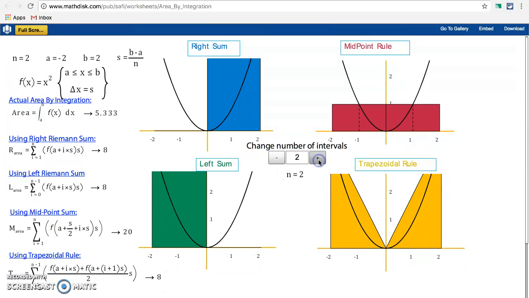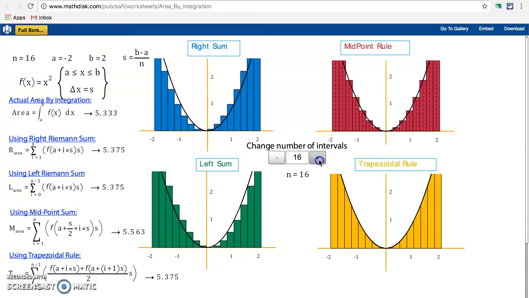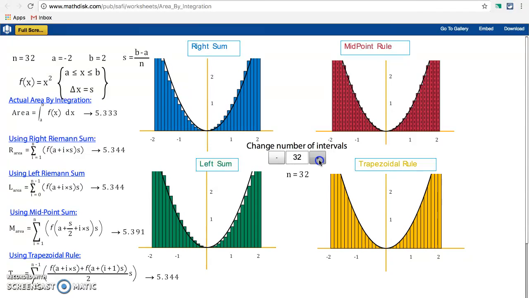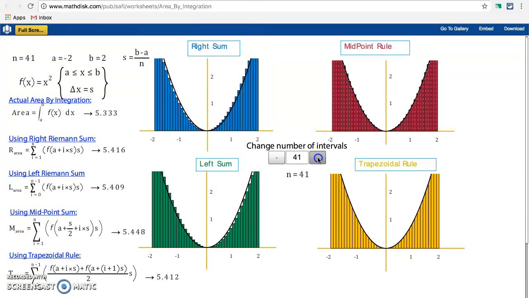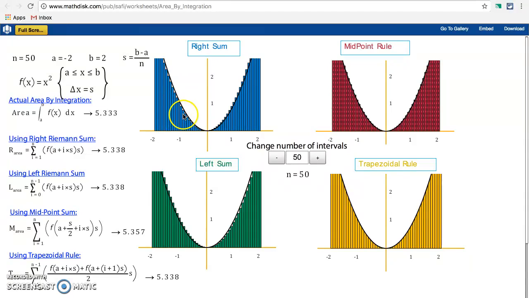As we go up the other direction, as high as we can go with the intervals, which is 50, which puts many, many more rectangles on each individual one, or trapezoids on the yellow one down here. And when we're at 50 right here, again, if we find the area of each individual little rectangle and add all of these together, we are now on the right sum.